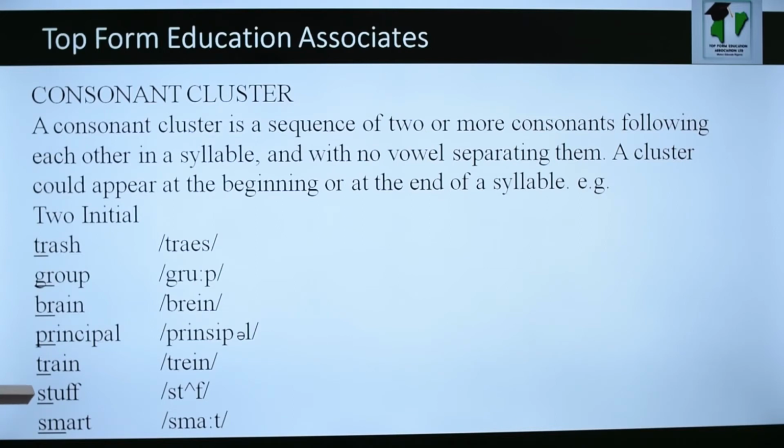Then we have staff. Staff, that's the staff she is made of. Then we have s and t. Then we have another one, smart. S, m, a, t. We have s, m. This is what? A cluster. Then we have a vowel sound and the t sound.